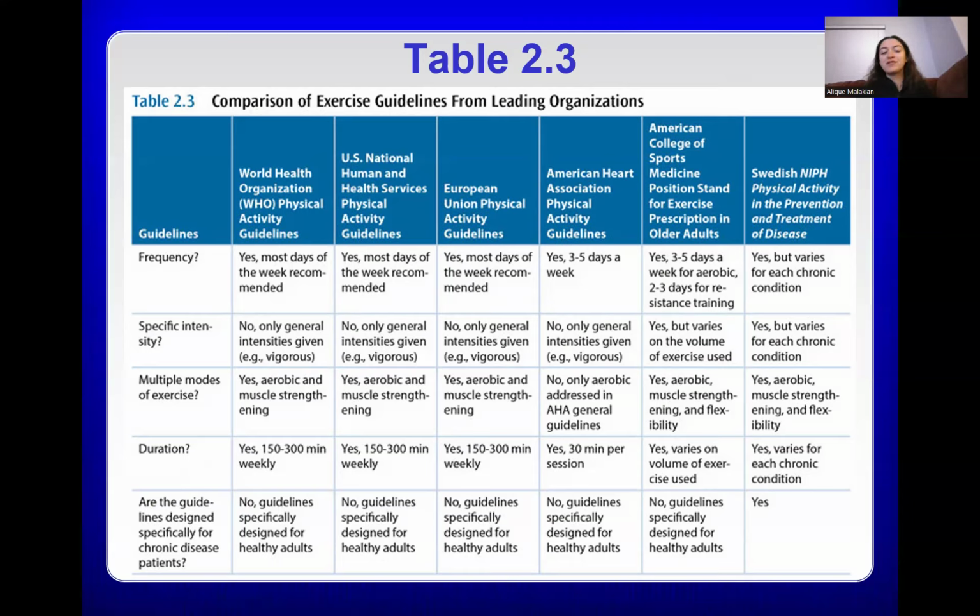Can you spot the differences between all the different guidelines from these organizations? A lot of them are very, very similar because they're mainly aimed toward general populations, right? So people who don't have chronic conditions or don't need accommodations to perform exercise. The one difference you will see is this Swedish one right over here. This box here says yes, these guidelines are designed specifically for chronic disease patients. But all the other ones, again, there's a lot of similarities.